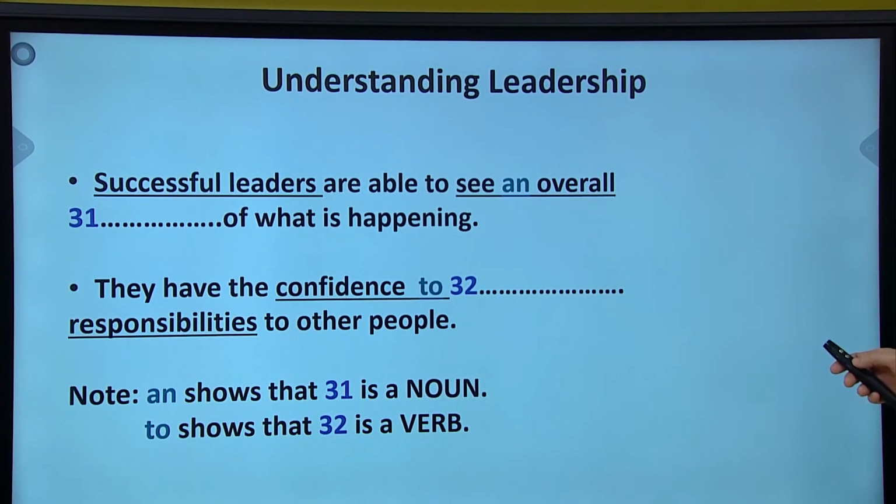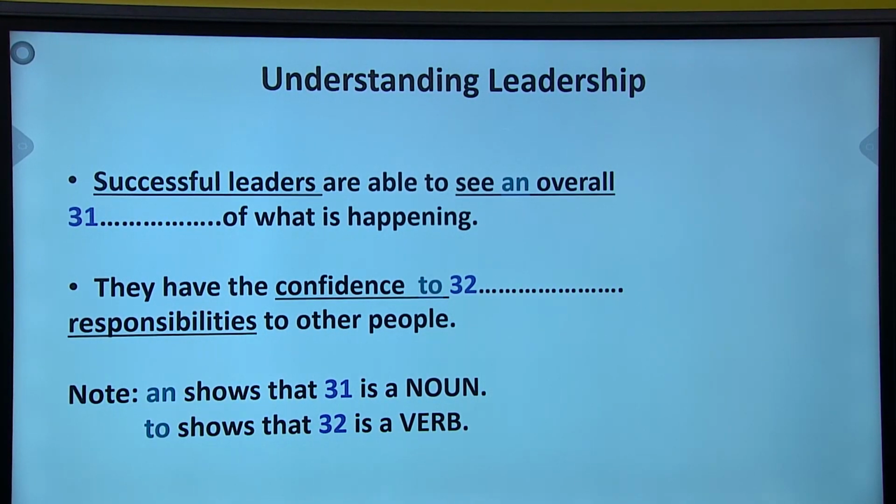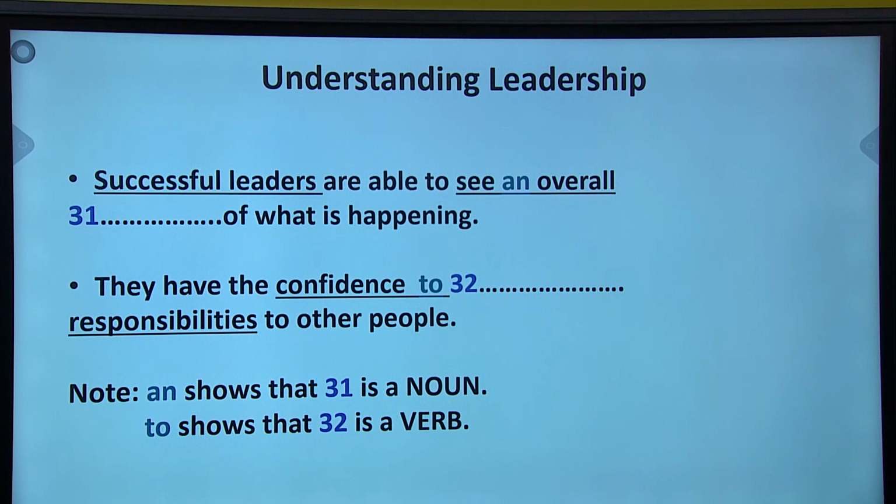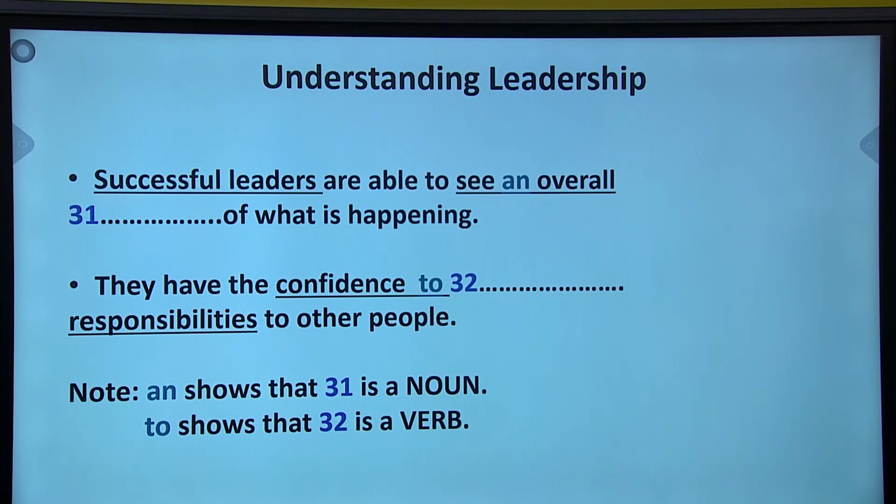There is a clue here. There are 2 clues here. Note, an, which is here, an overall, shows that number 31 is going to be a noun. You say an apple. It's a noun that follows the article an, isn't it? Okay?